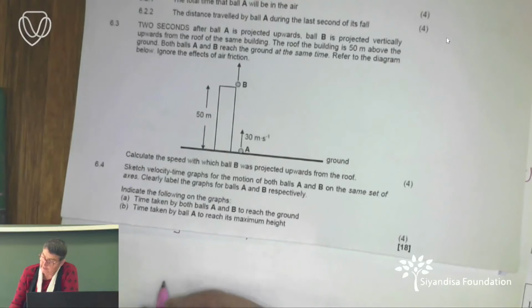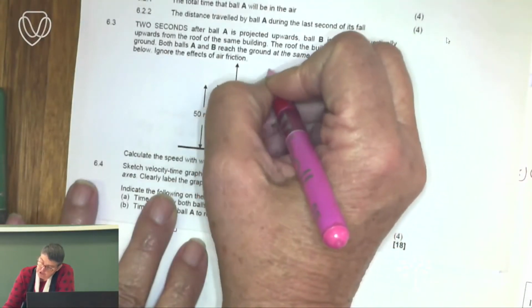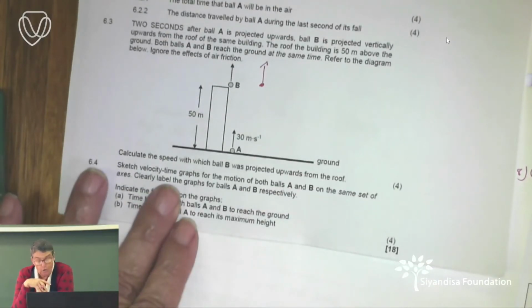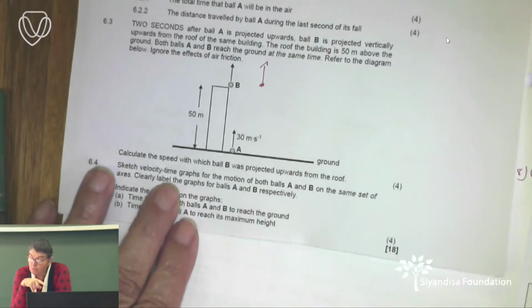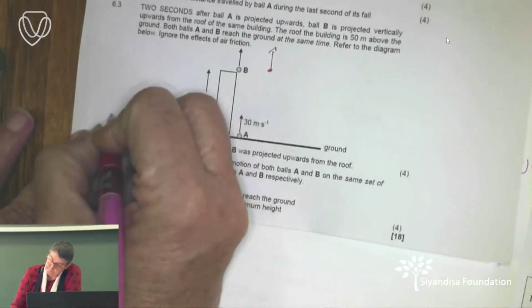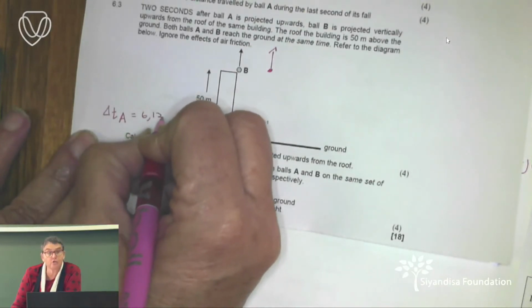So let's quickly go. We've discussed ball A. Now let's see what happens to ball B. Ball B is over here, and it's being projected upwards. One thing we definitely do know about ball B is that it was projected 2 seconds after ball A. Now remember, the time for ball A was equal to 6.12.